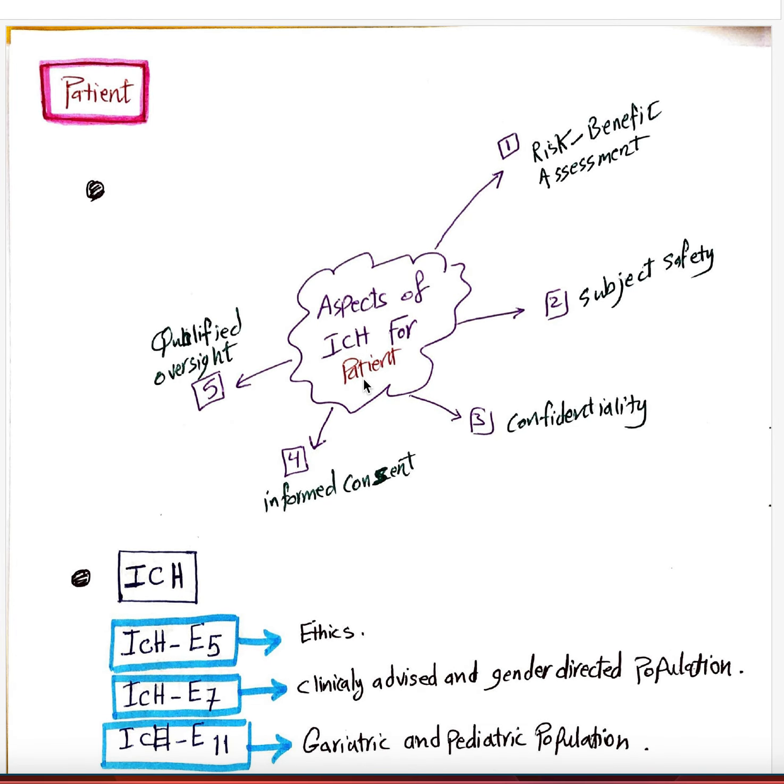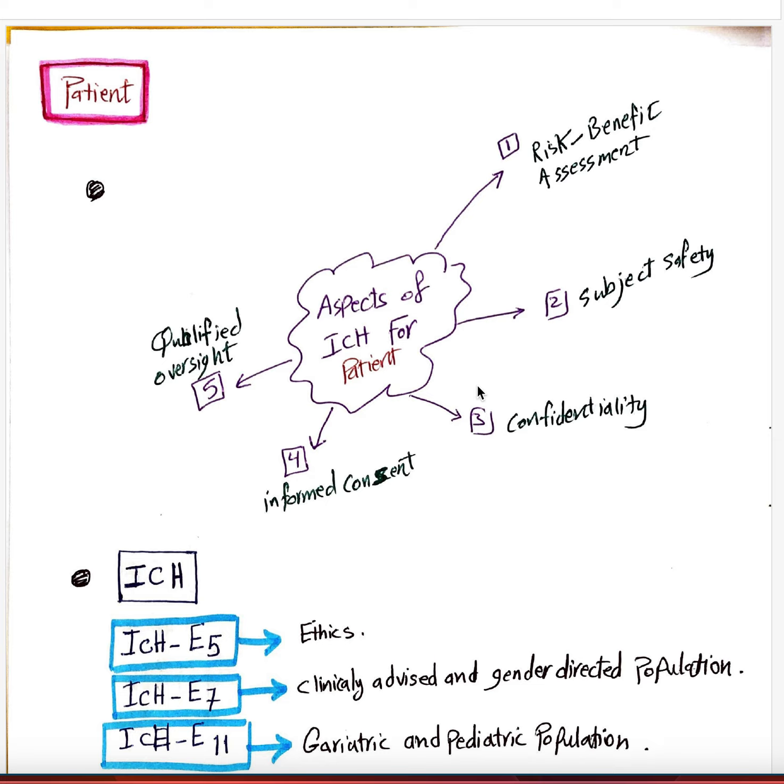And what we have to know about the patient. Here we have the patient, the aspects of the ICH for the patient. What are the aspects that the ICH talks about regarding the patient: qualified oversight, the risk-benefit assessment, because that's important, since the benefits should be more than the risk, the subject safety, that's so important, confidentiality, the protection of the data of the patient, informed consent, and being qualified.